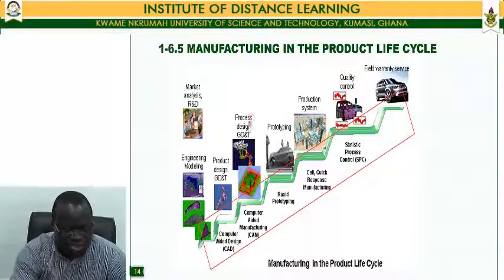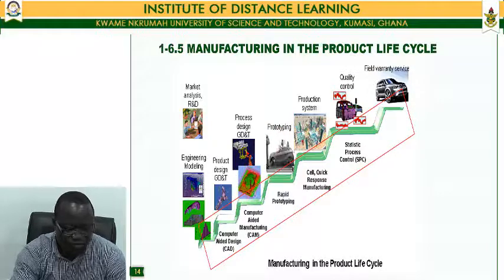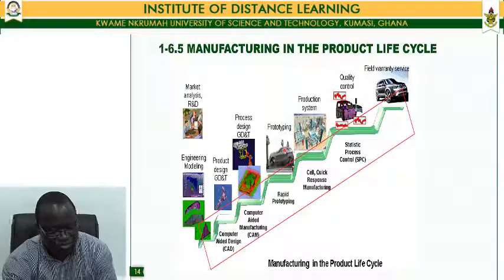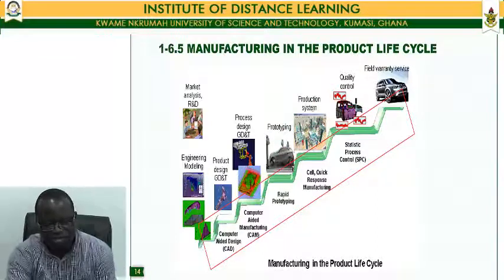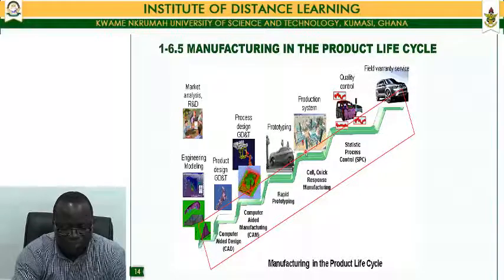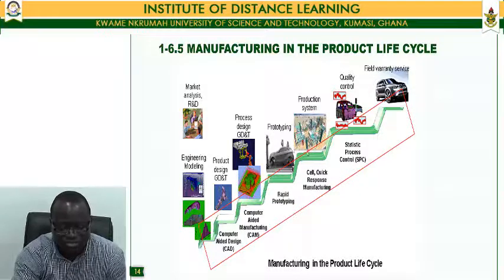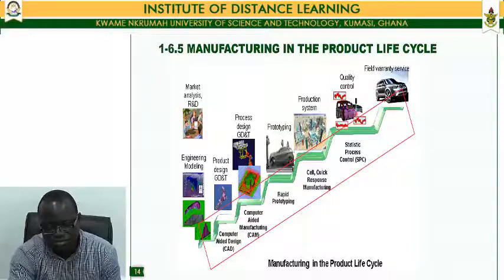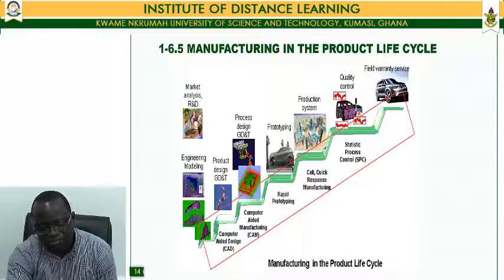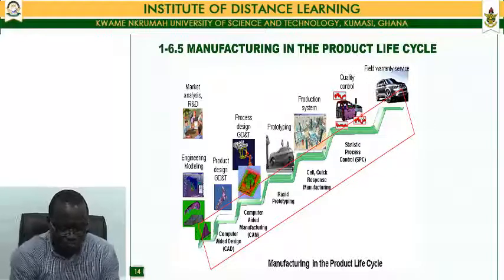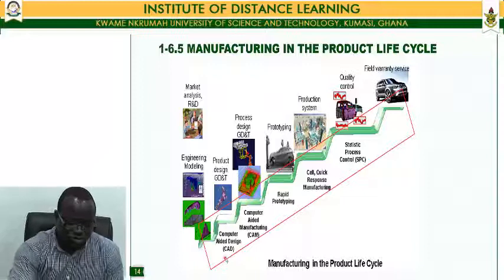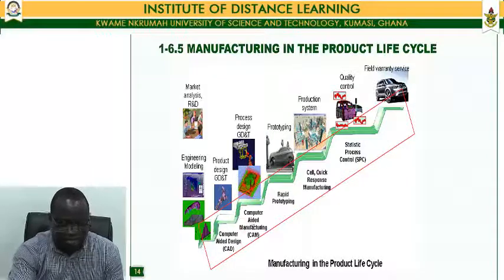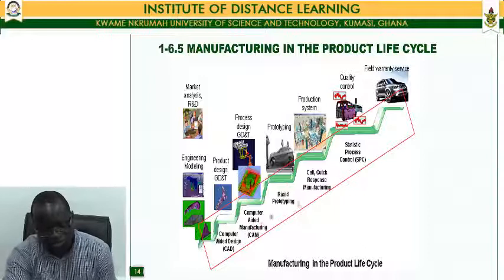Then the process design goes through. Then once the process design is also through, we have prototyping taking place, and then we have production system being planned for manufacturing to begin, and quality control then comes in, and finally you have the field warranty and then service. So you notice that the CAD/CAM is extensively being used in the product life cycle.